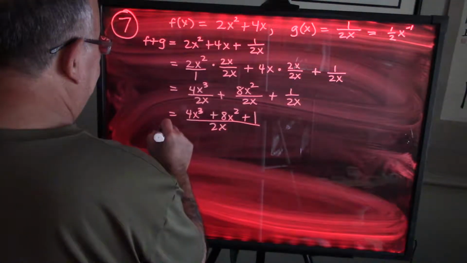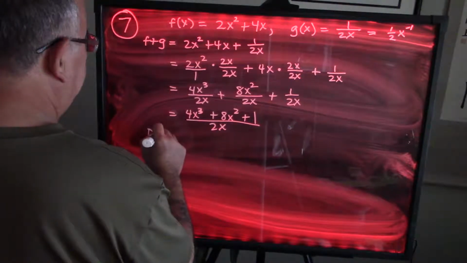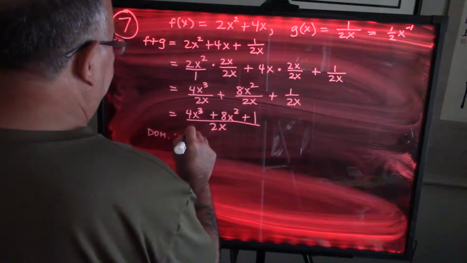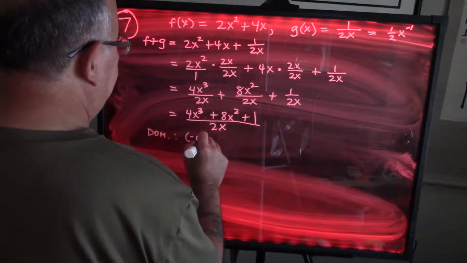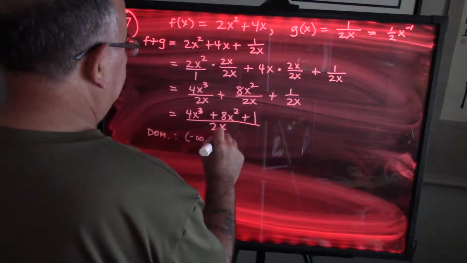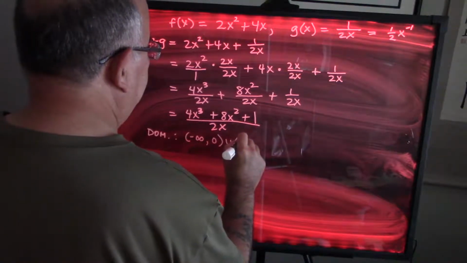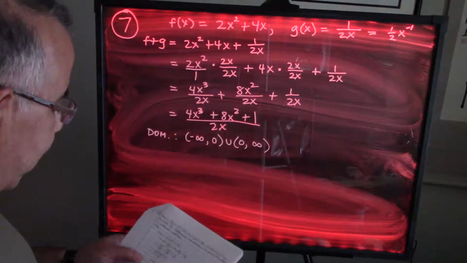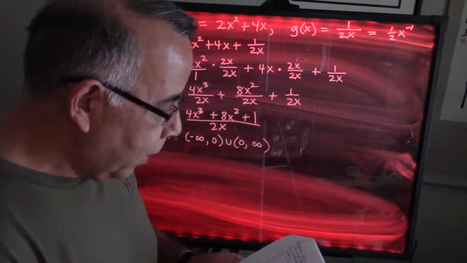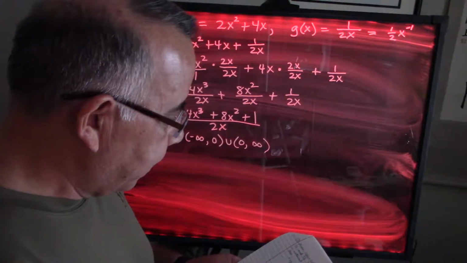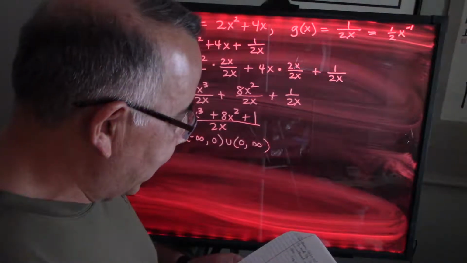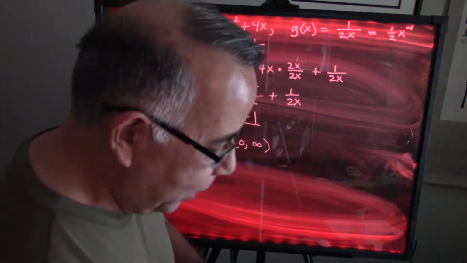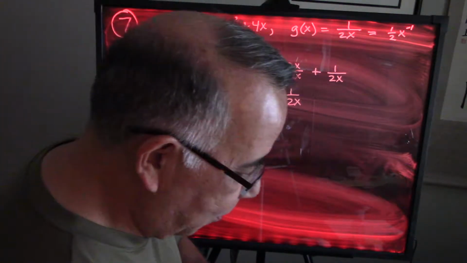So the domain then, written as an interval, is negative infinity to 0, not including 0, union 0 to infinity. Okay? So that takes care of f plus g. Do some quick erasing here so I can make room for the other ones.